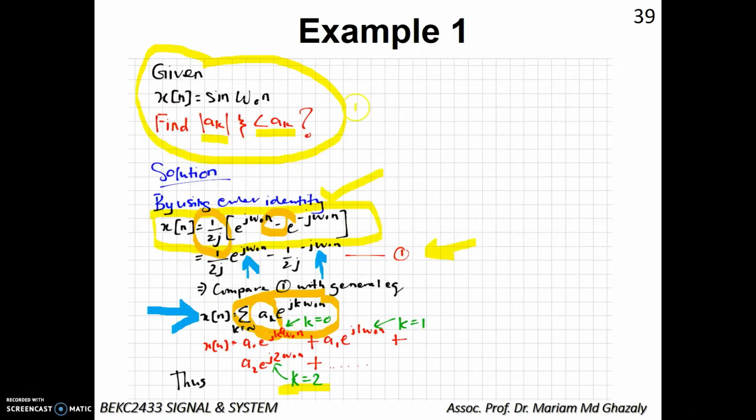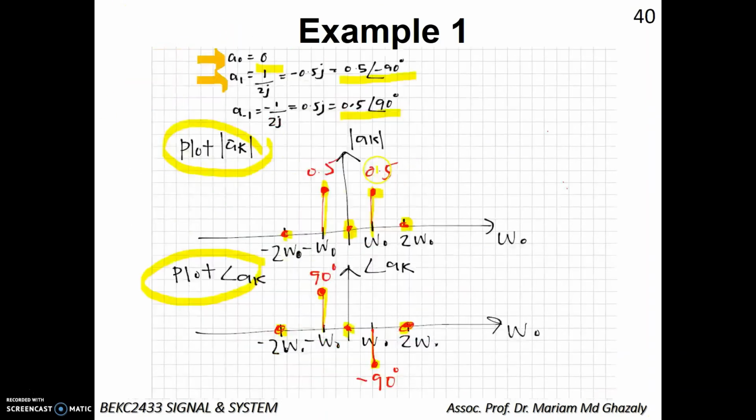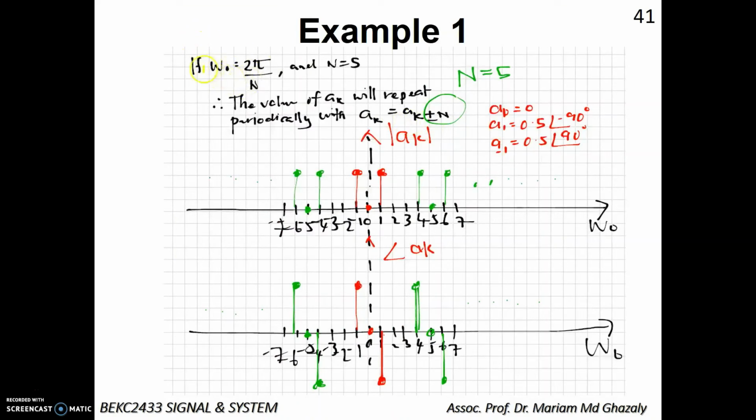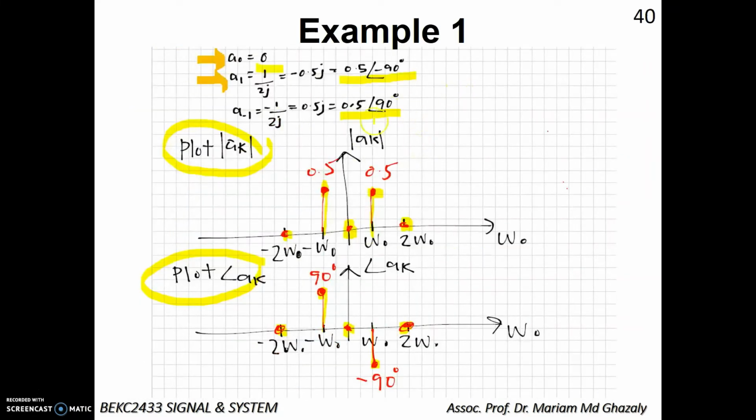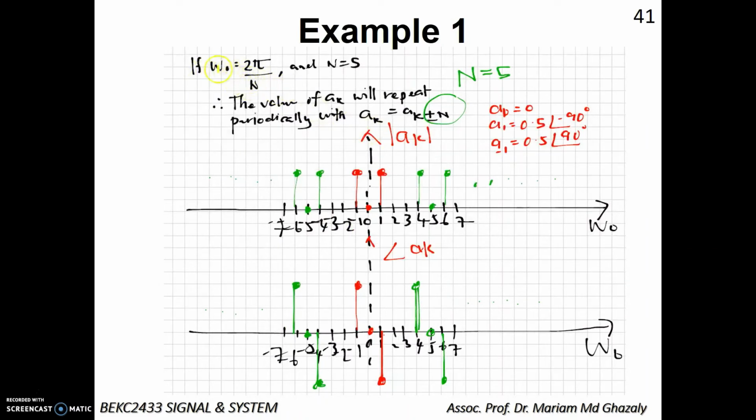But again, let's look at this equation, because based on this equation, the value of ak will repeat periodically, so ak will repeat at ak plus minus n, omega n. So let's say we have omega n equal to 2 pi n, and the n value is 5.